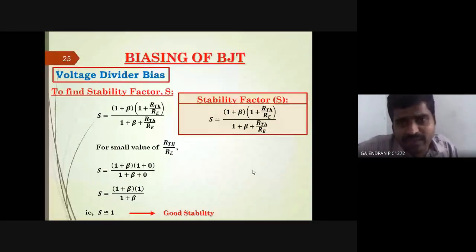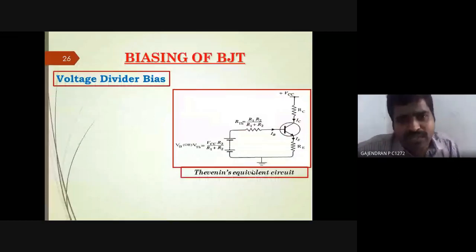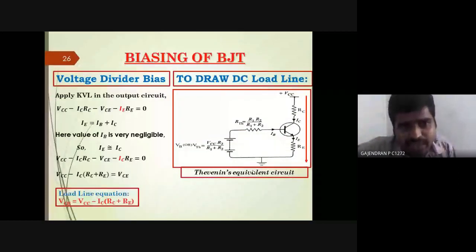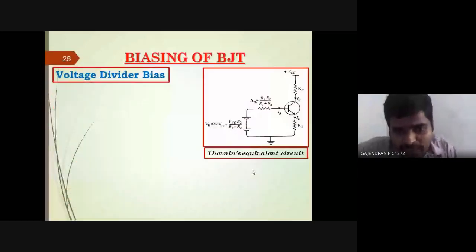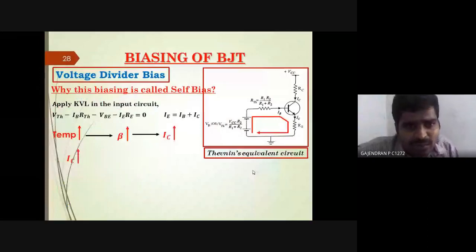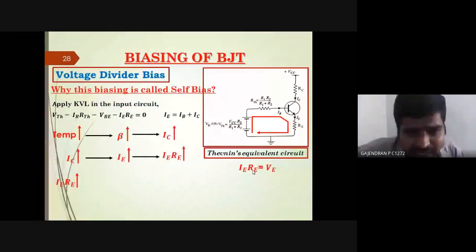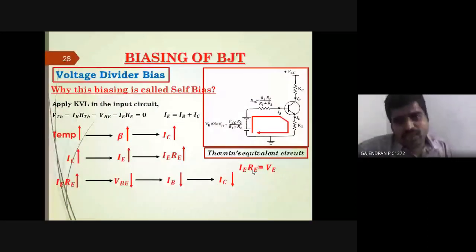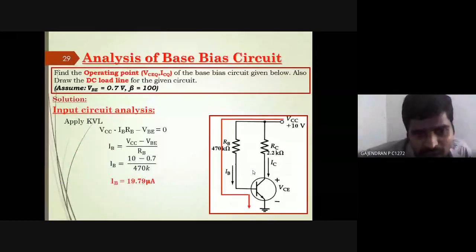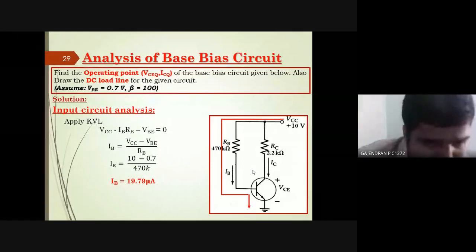What we will see tomorrow: we are going to draw the DC load line, then find the Q point, then do some analysis in this. Then immediately we will go to some numerical problems. To solve these, what must you have in your hand?